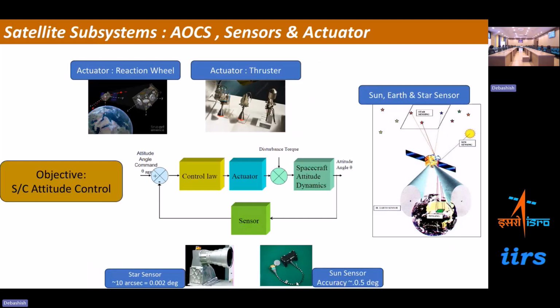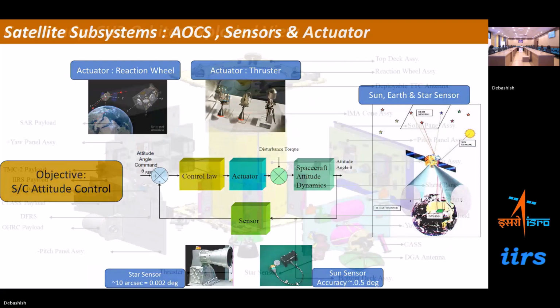Similarly, if you use the sun sensor, the accuracy is slightly coarser, 0.05 degree. Based on the different requirements, we can use either a star sensor or a sun sensor. Generally, when we design the mission, these things get finalized: which type of star sensor to choose, which type of sun sensor to choose. These definitions are generally made during the design phase of the mission.